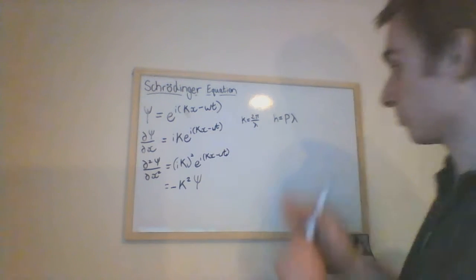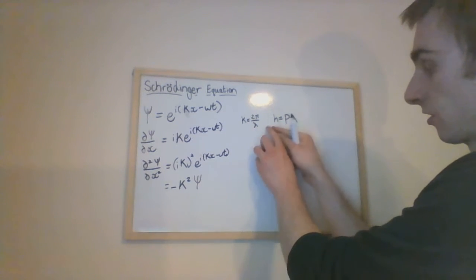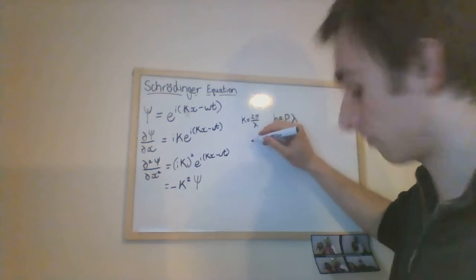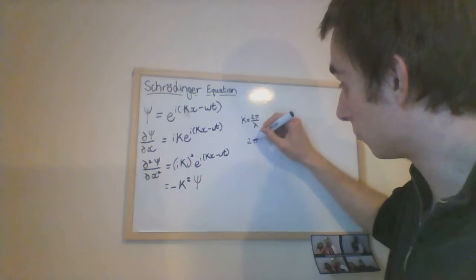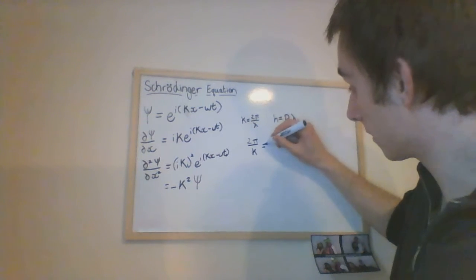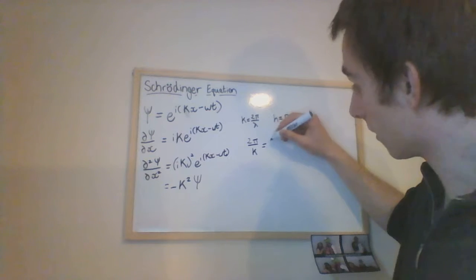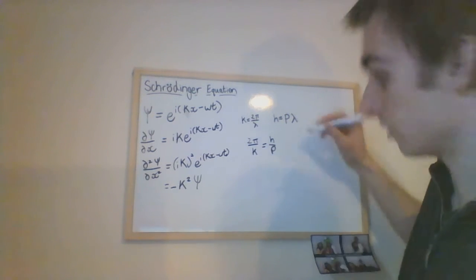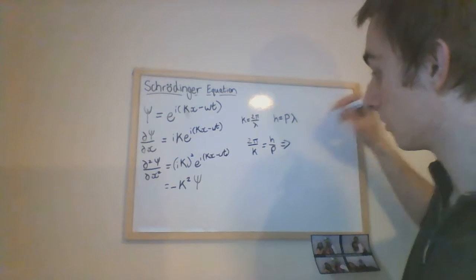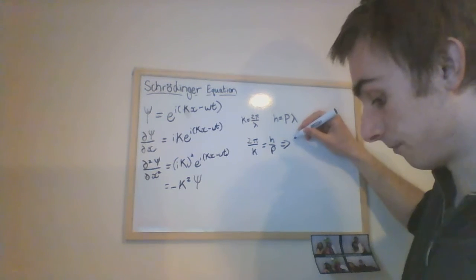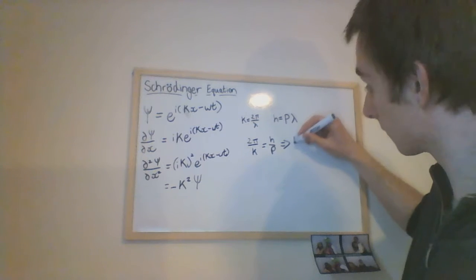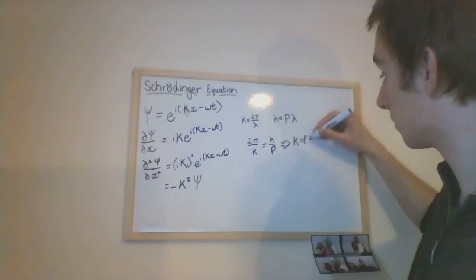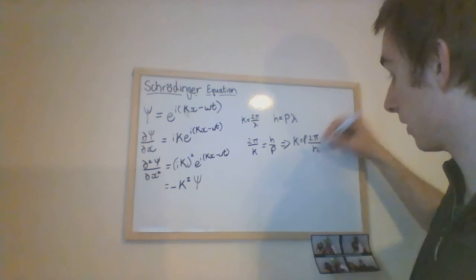So those two equations, we can bunch them together because they've got a common term, wavelength, so we can cancel for that, and then we end up with 2 pi over k equals Planck's constant over momentum. Let's rearrange that a little more, and we get k equals p multiplied by 2 pi over h.